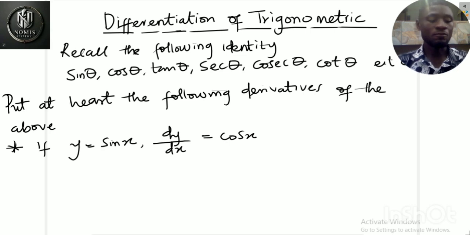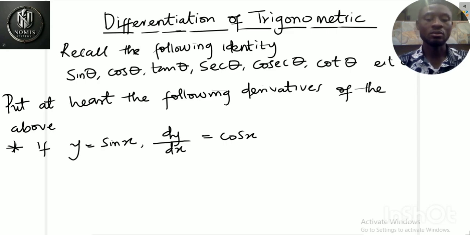You see, if y is equal to sine x, dy/dx is equal to cos x. So if I differentiate y, which is sine x, it will give me cos x. Take it into memory that when you differentiate sine x, it gives you cos x.